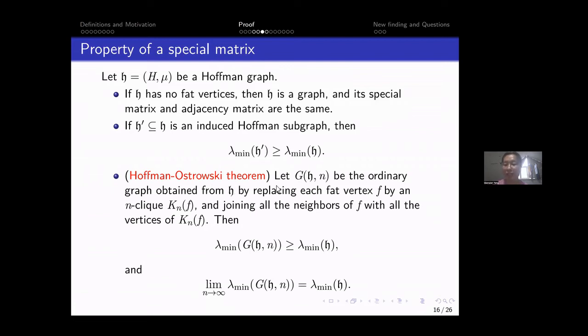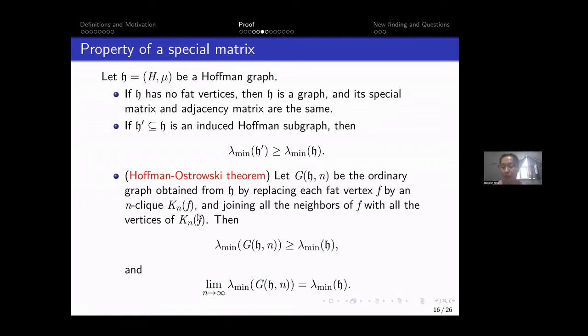The third reason says that if we have the Hoffman graph H, we can replace each fat vertex f by a clique of order n, and join all of the fat neighbors of this fat vertex to all of the vertices in this clique.